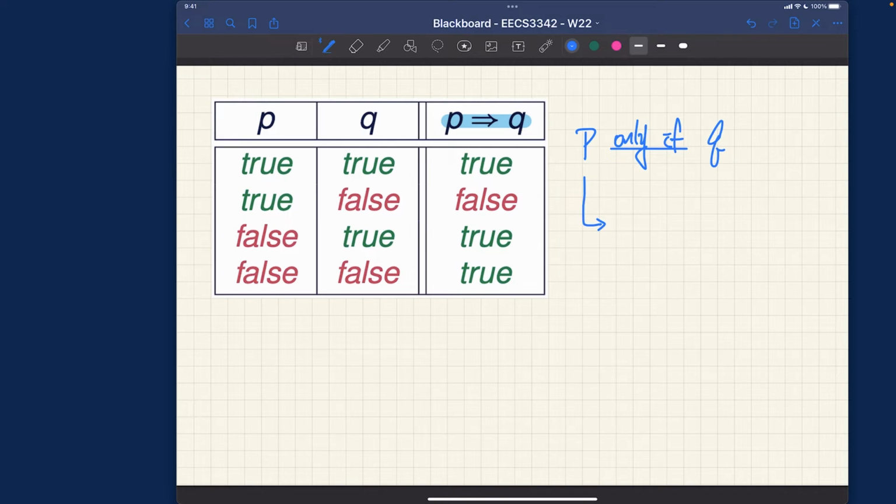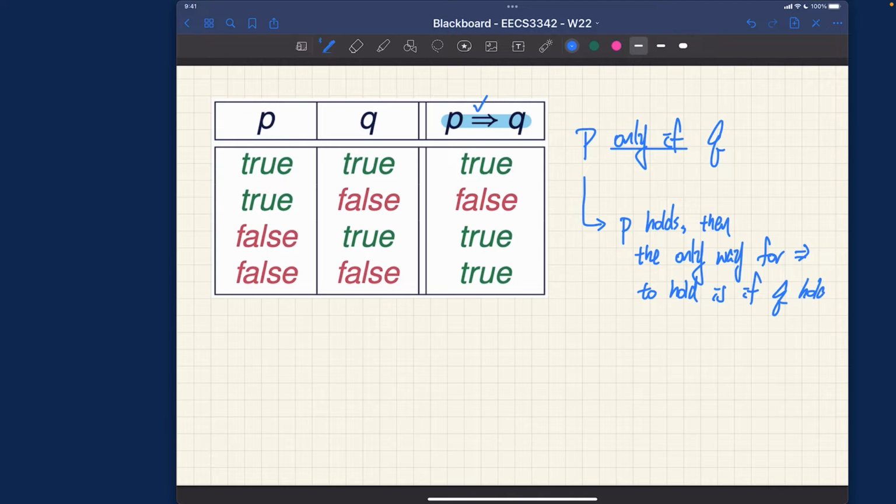P holds, then the only way for this implication to hold, to be true, is if Q holds over here.